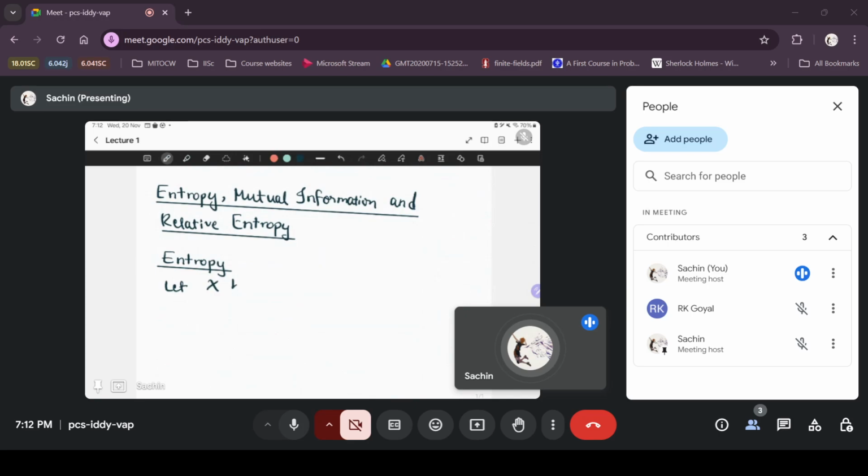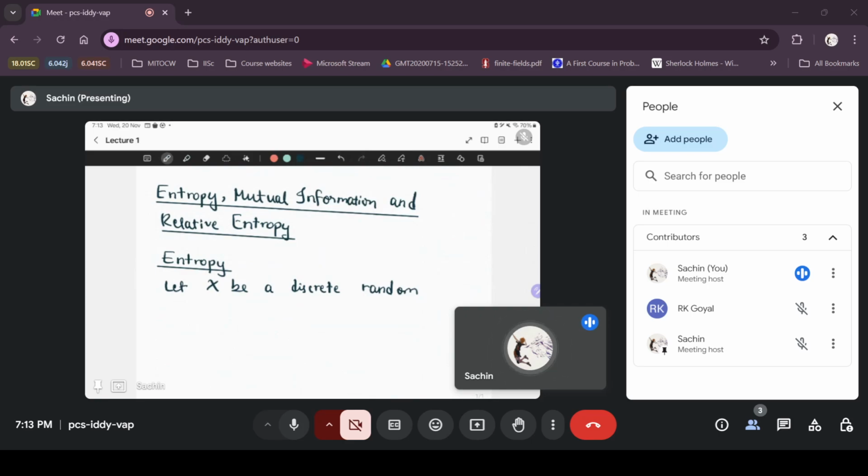So let X be a discrete random variable. So by discrete, we mean that you are taking only discrete values. You can define entropy for continuous random variables also, and then you can show that you can unify those two things under one definition.